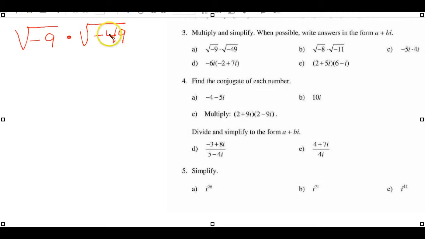That we cannot do. So we must use another method. And the method is to convert this to its imaginary number form, which will be the square root of negative 1, which is i, and then the square root of 9, which is 3.